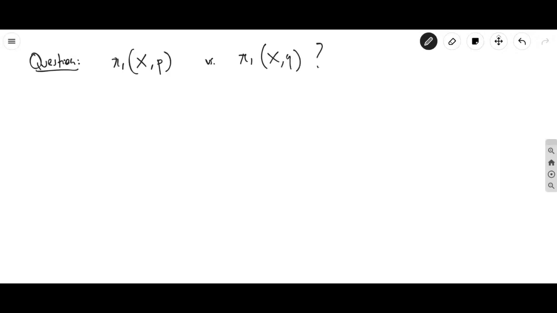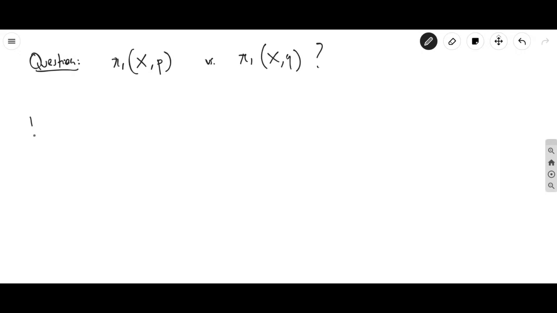Now, obviously, they're going to be different groups because this is going to be the collection of all homotopy classes of paths that begin and end at P, and this is going to be the collection of all homotopy classes of paths that begin and end at Q. So it's a different collection of things. But when we're dealing with groups, we often do not care what a group is as a set. We care whether or not two groups are isomorphic to each other. One can say that is a deeper thing to ask.